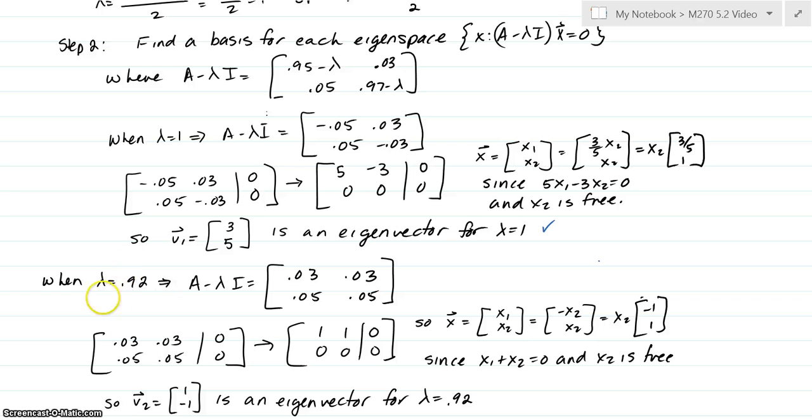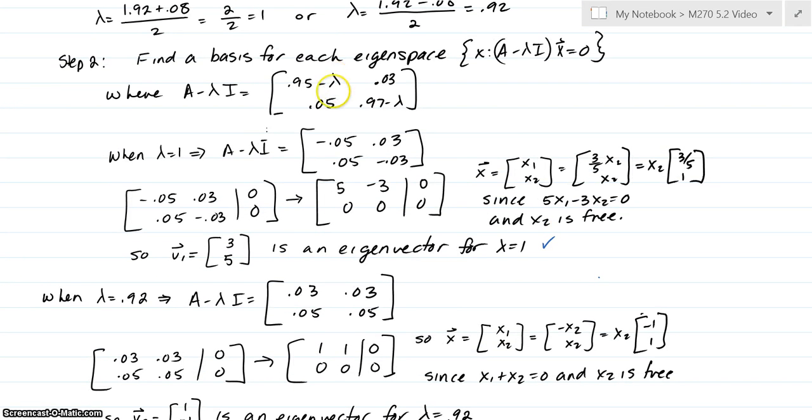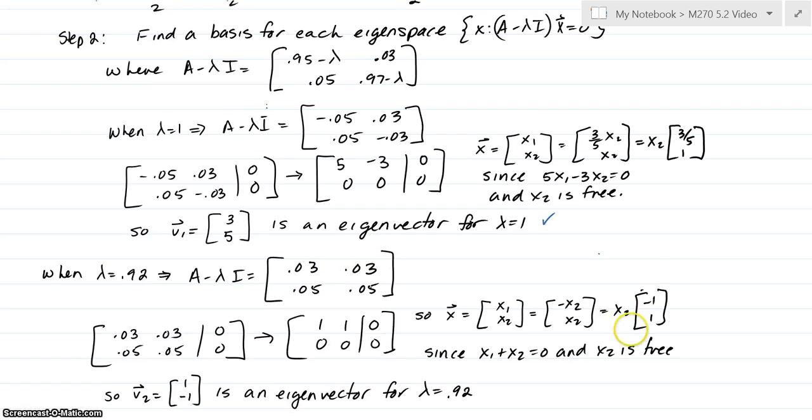So now I'm going to do the same thing when lambda is 0.92, the other one that we found. So when it's 0.92 here, this would be 0.03, and this would be 0.05. So we solve this one the same, and we get this is the eigenspace.